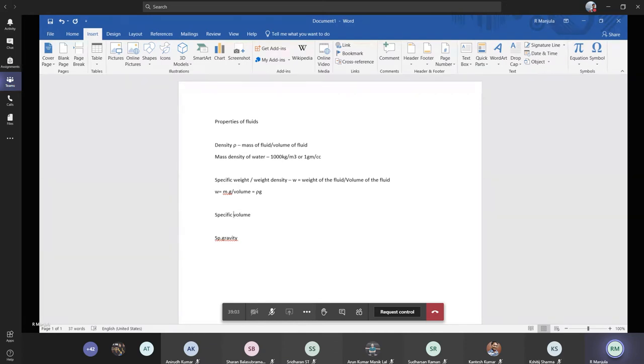Then this is rho g, your weight density or unit weight, the specific weight. And what is the specific weight of water?